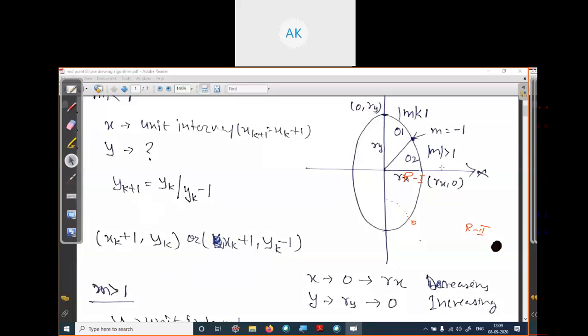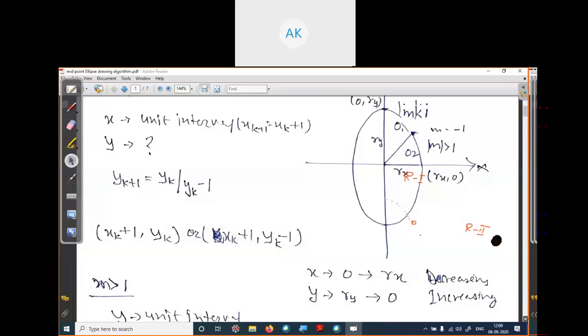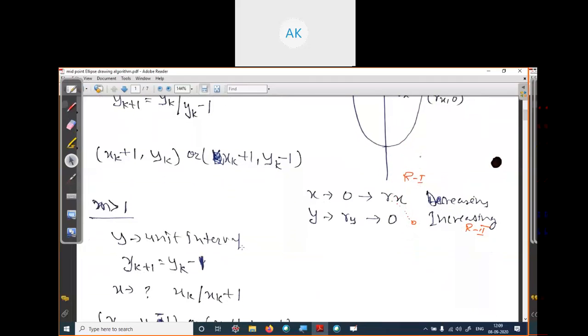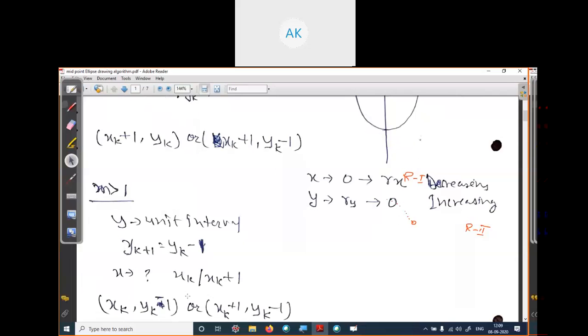When you are in region 2, meaning the slope of the tangent is greater than 1, you move y with unit interval and calculate the corresponding value of x. Means when y moves with unit interval, yk plus 1 will be yk minus 1, and the corresponding value of x may be xk or xk plus 1.